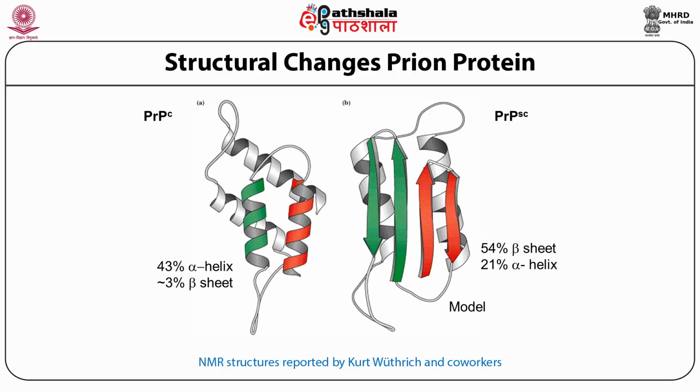The right side is a proposed model where an insoluble fibrous protein structure forms. Here, the alpha helical conformation goes down to 21% and the beta sheet conformation is increased to 54%. And these beta sheets are expected to stack with each other and form a longer fibrous polypeptide.